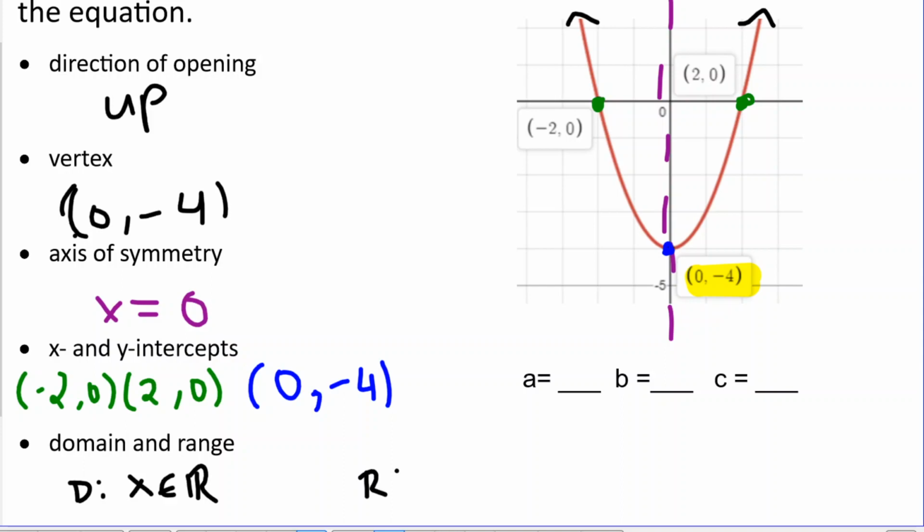Our range, again, is every point from our minimum, our vertex in this case is a minimum, and every point above that. So I'm going to say that I have y values that are greater than or equal to -4, that minimum value there. And then I just want to specify again that those are real numbers.